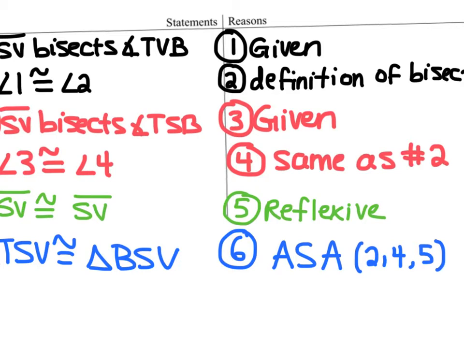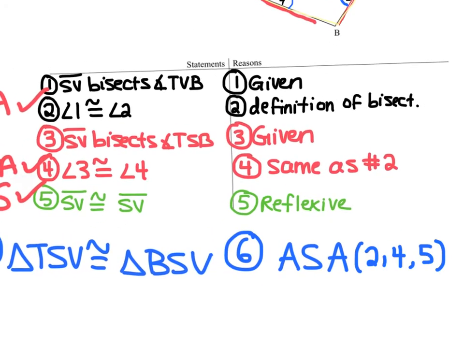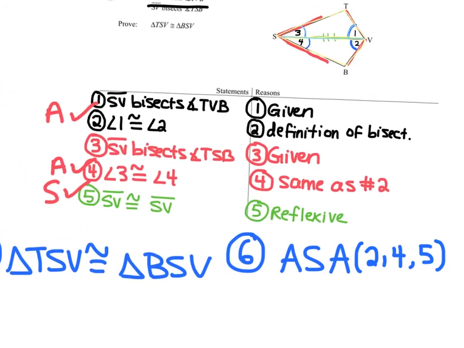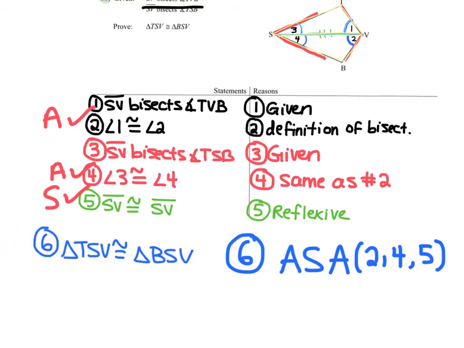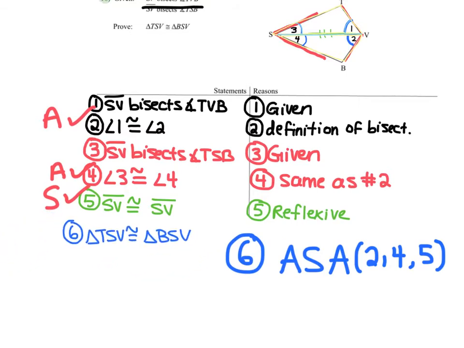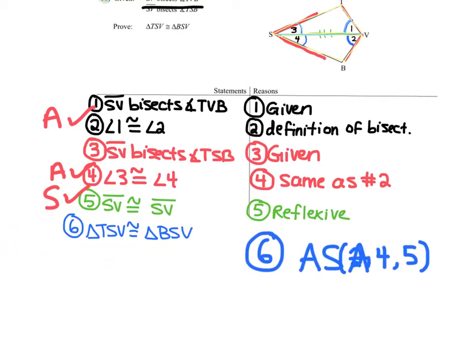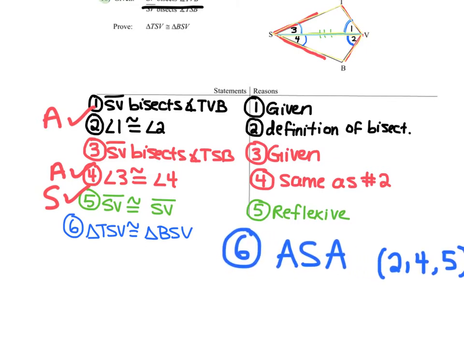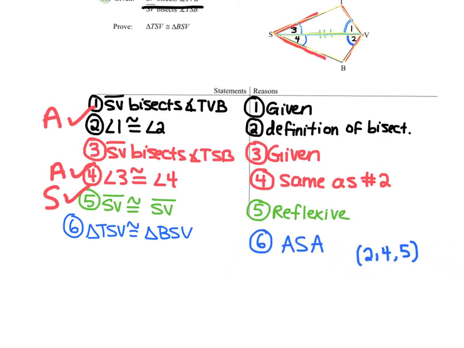So that's the end of the proof. Let me see if I can zoom out. Some of this got a little weird. So there we go, guys. And we'll shrink this guy down. Perfect. There's the proof.